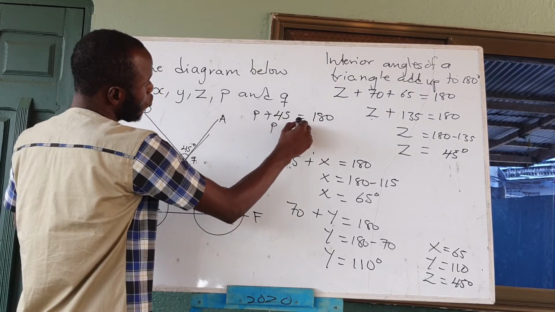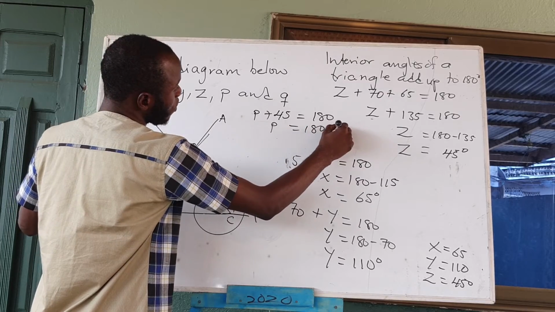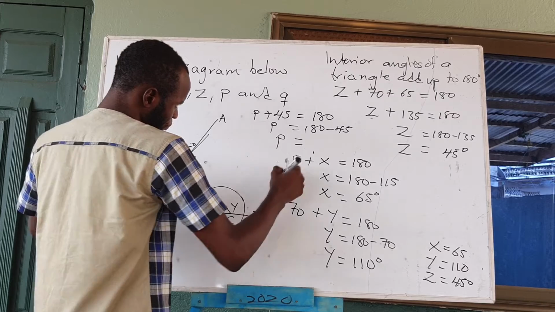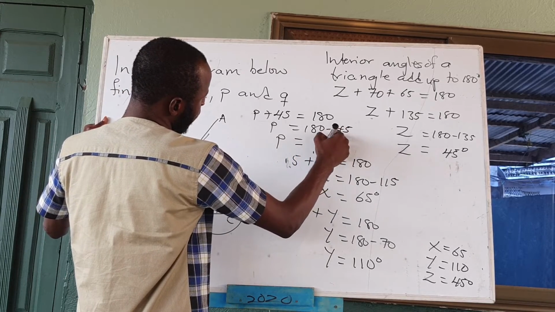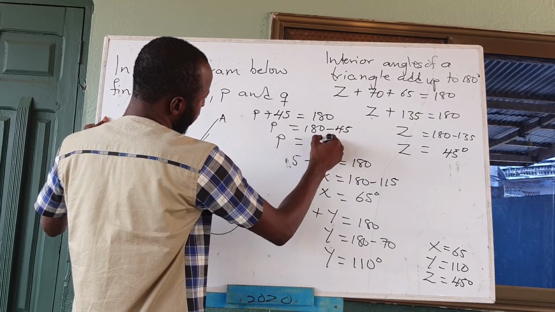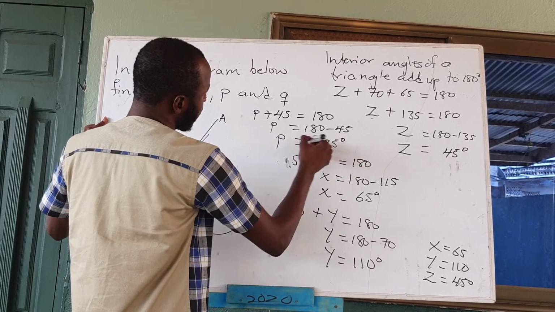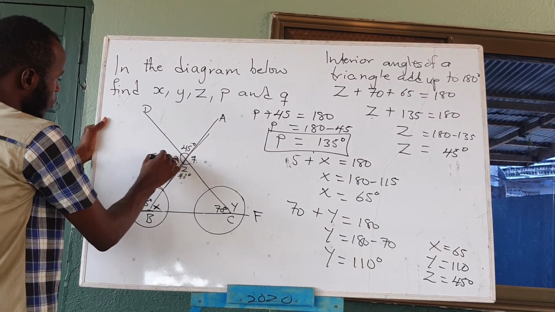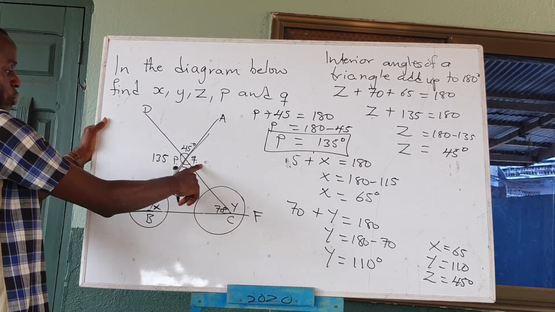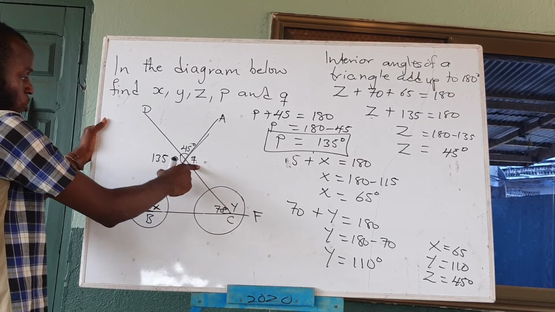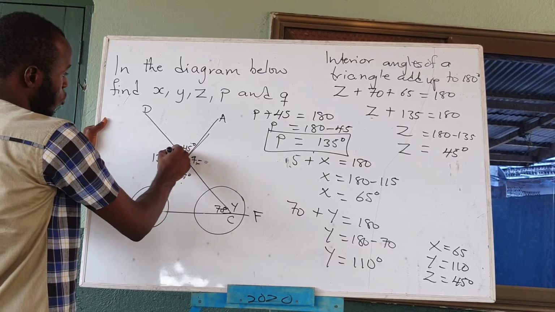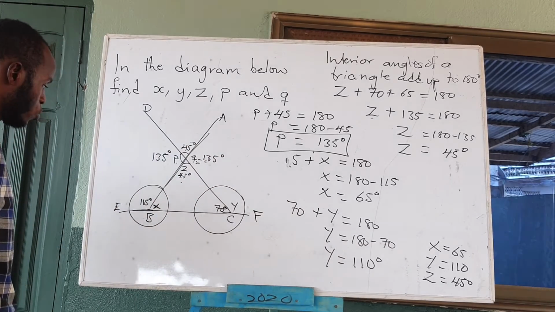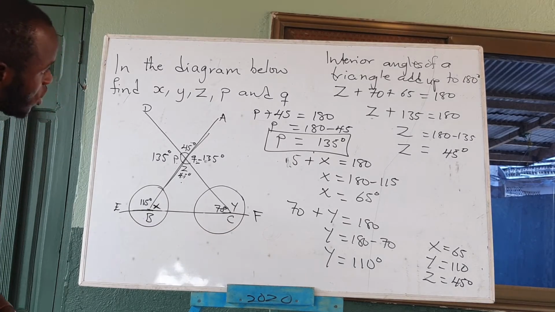So p will be equal to 180 minus 45, which is 135 degrees. And p is opposite to q, so q is also equal to 135 degrees. This brings us to the end of the solution of the question.